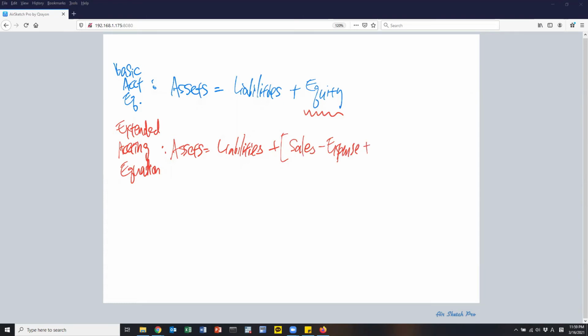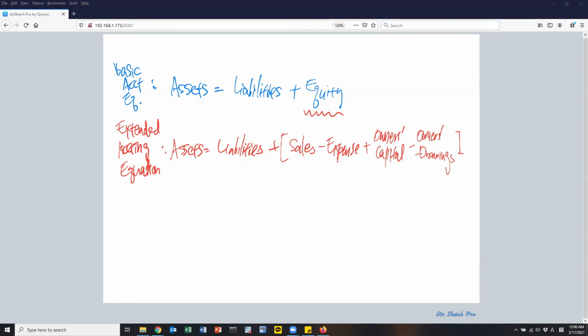But don't forget that at the beginning of the day, you have owner's capital. And at the end of the day, I decided to buy flowers for my family, which means you subtract out those drawings from your equity balance, right?